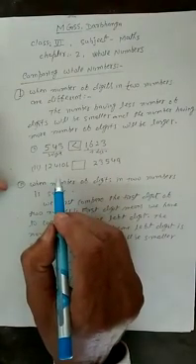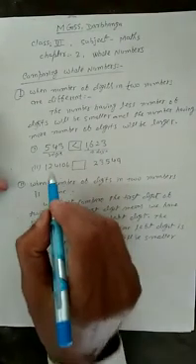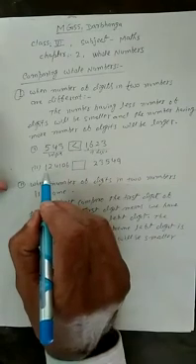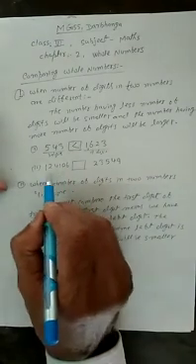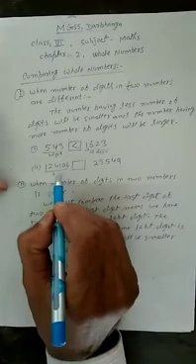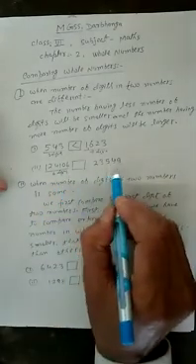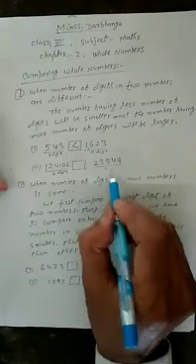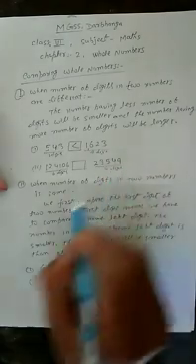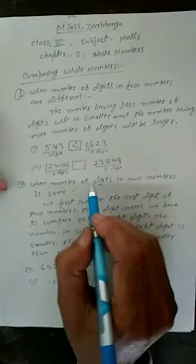This is the second example. Here we have to count the number of digits. In the first number there are 1, 2, 3, 4, 5 and 6 digits. There are 6 digits, and in this number there are 1, 2, 3, 4, 5, only 5 digits. Then which number will be greater?